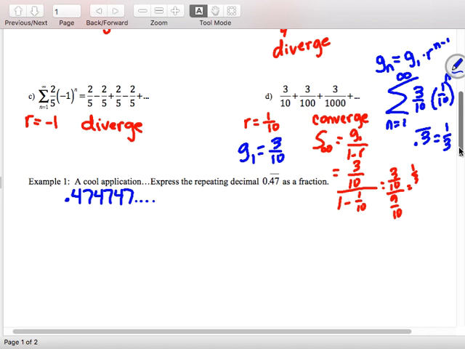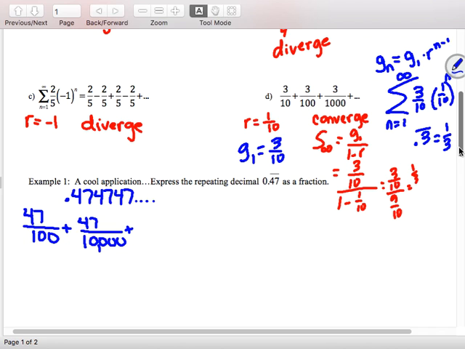0.474747 forever, okay? How do I write that as a fraction? Well, the 0.47 is 47 over 100. Then the next 47, that's not over 1,000, but actually over 10,000.